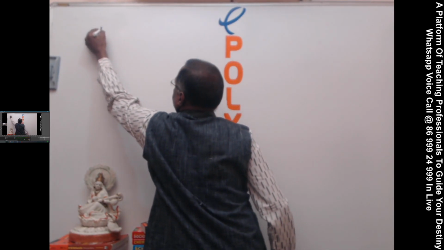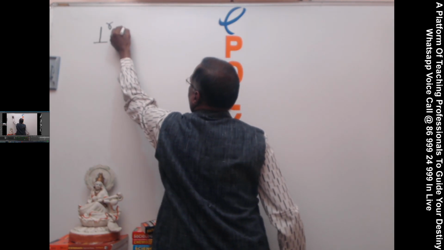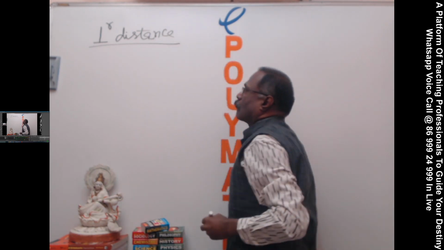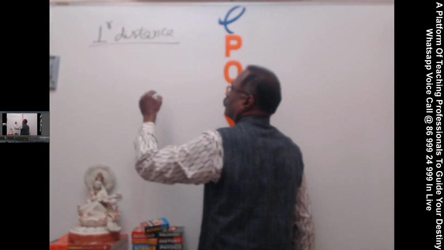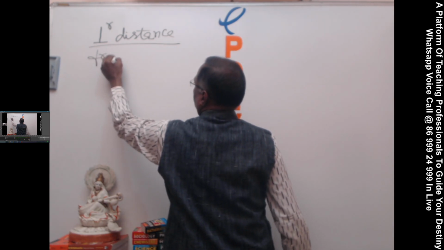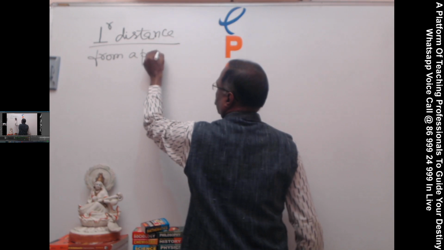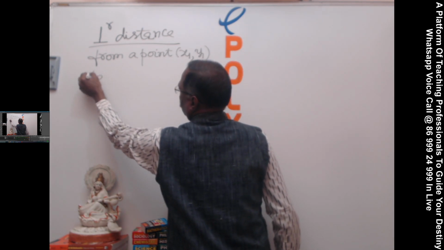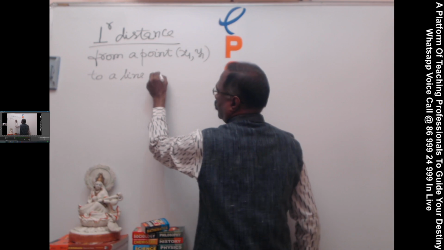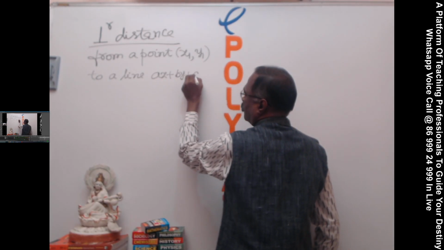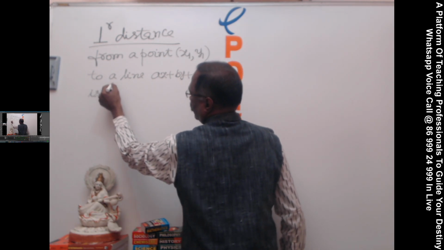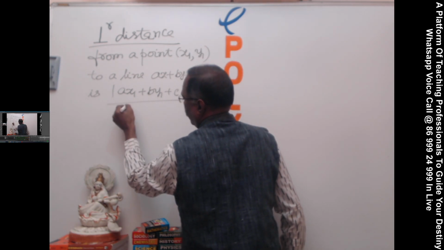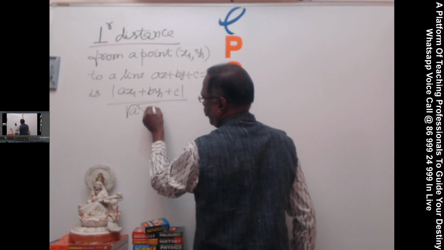The perpendicular distance from a point (x1, y1) to a line ax plus by plus c equal to 0 is modulus of (a x1 plus b y1 plus c) divided by root over a square plus b square.